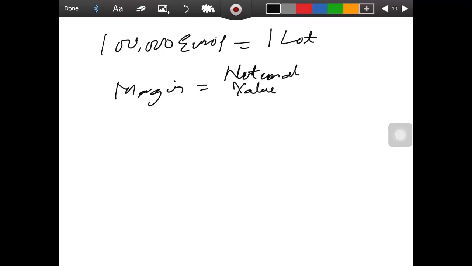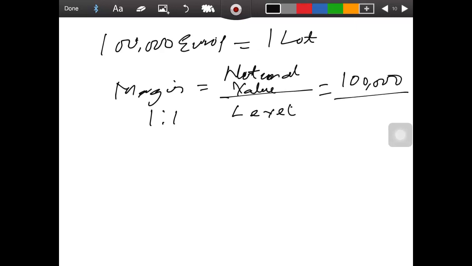So the margin required for you to buy 100,000 euros: if you are using a leverage of 1 to 1, notional value is your 100,000 units divided by 1. So you need to actually provide 100,000 euros to buy this amount with 1-to-1 leverage. That means you are not borrowing any money from the broker. You didn't take any leverage.